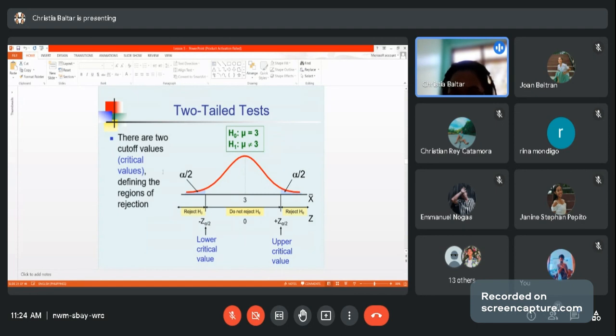Again, they define the region of non-rejection and the region of rejection. This part here is the lower critical value because you will compare it to your negative z-test. And this one is the upper critical value because you are going to compare it with the positive value of your z.